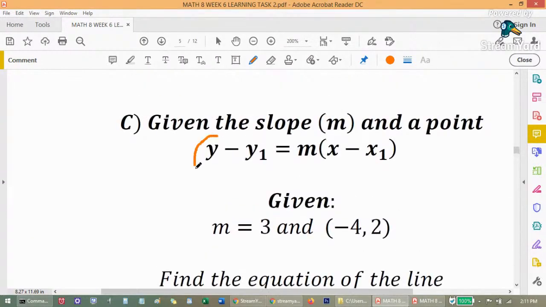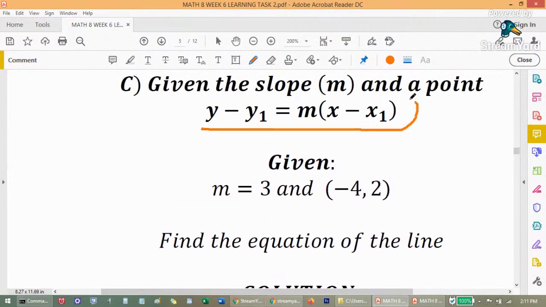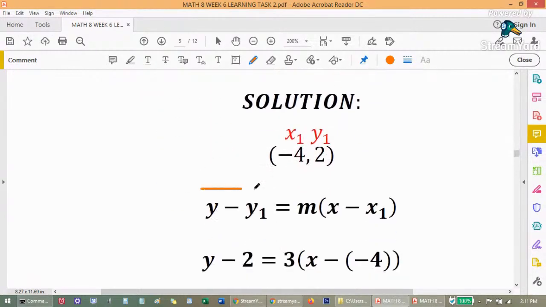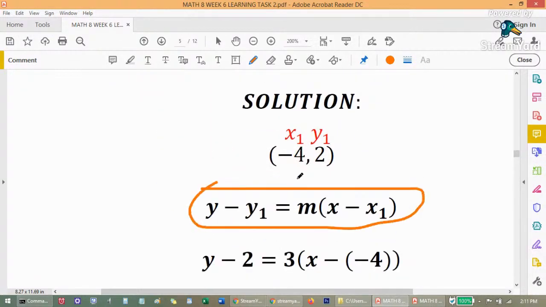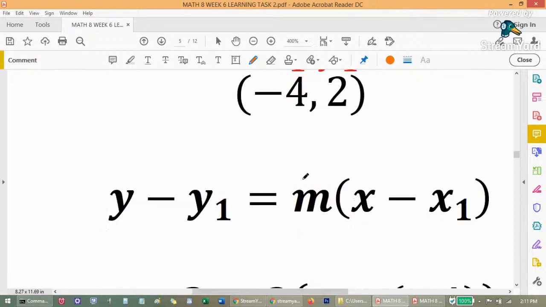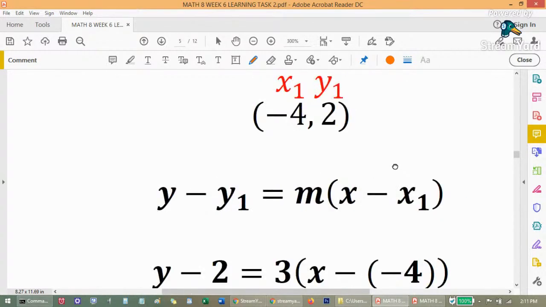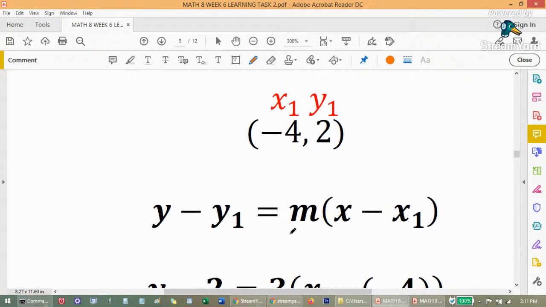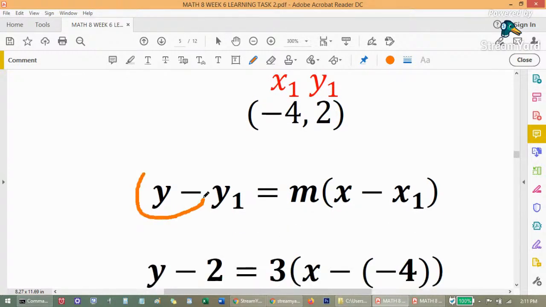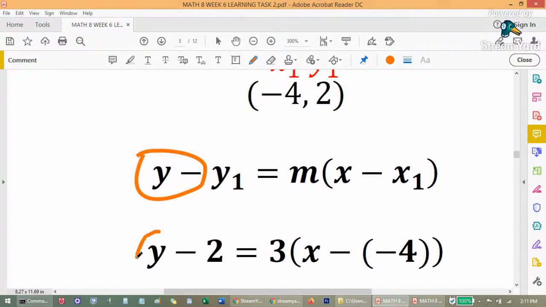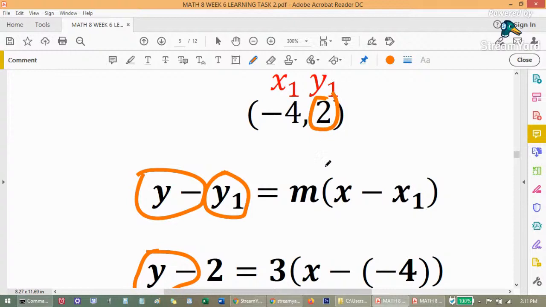And then, kukopyahin lang natin itong formula na to. Lahat ng pwede na natin palitan ay papalitan natin. So, y minus, and then itong y sub 1 ay papalitan natin ng 2.